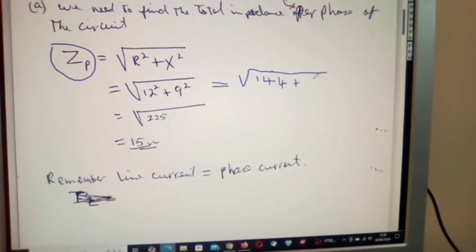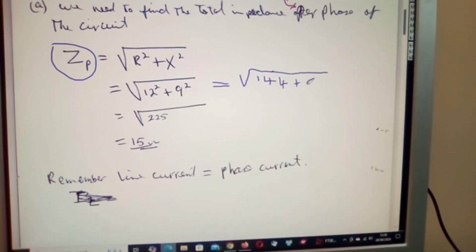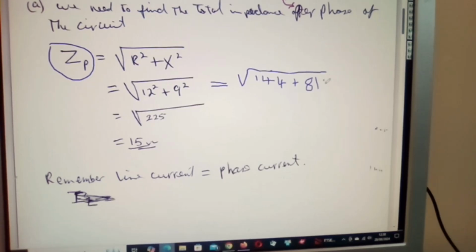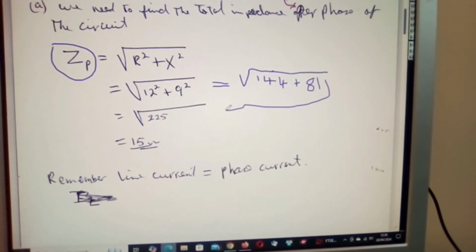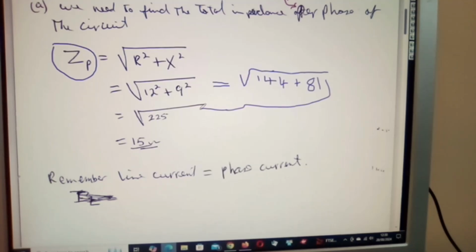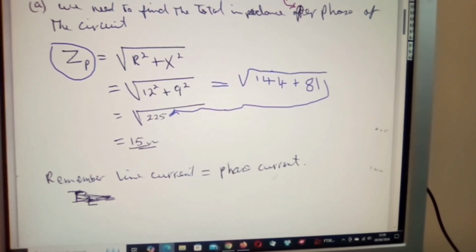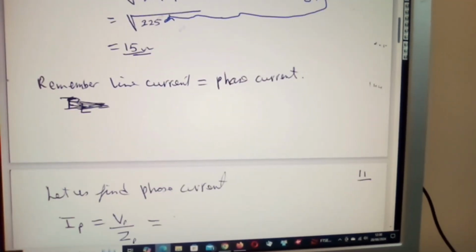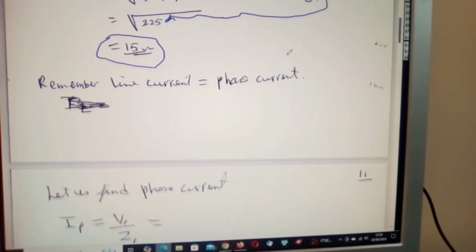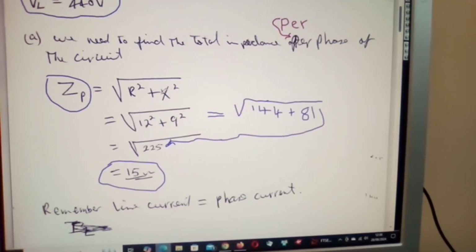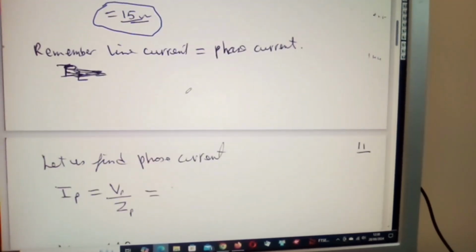Plus 81. Now when you add those up, that becomes this. Okay. And when you square root it, it gives you the answer here, 15 ohms. So what you need to do is to be able to know where each piece comes from and use the correct formula to arrive at the correct solution. Now remember, line current equals phase current, okay?